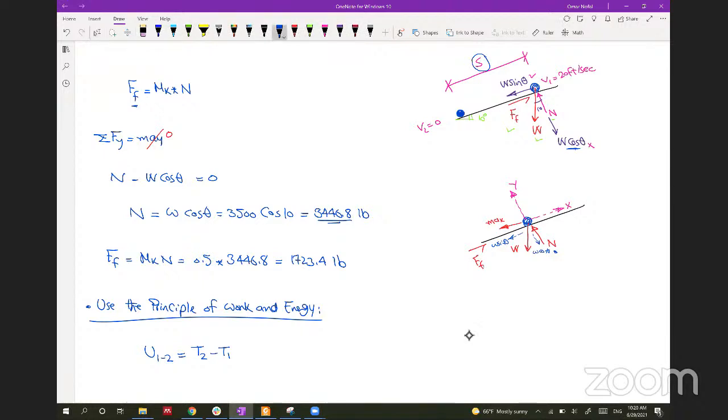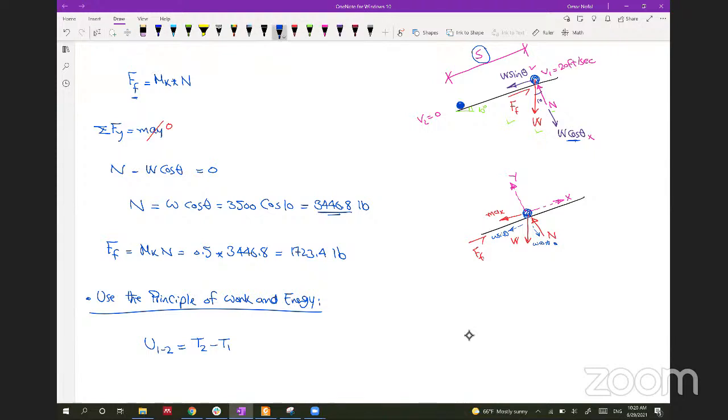So we will have the work: W sine theta, so this is the force, multiplied by S, because this is the distance that the weight will run through.